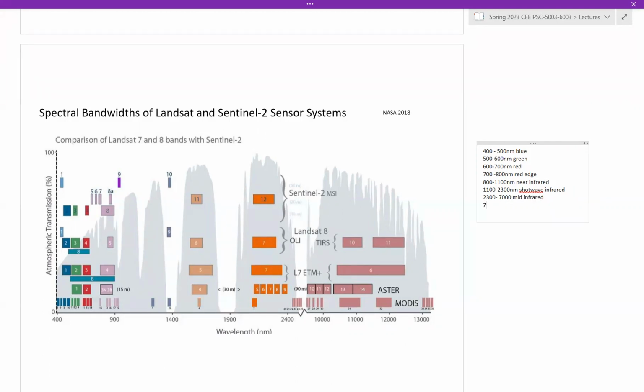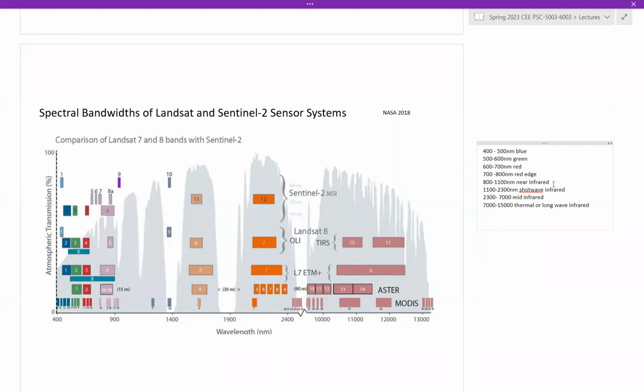From 7,000 to about 15,000 is thermal or long wave infrared.